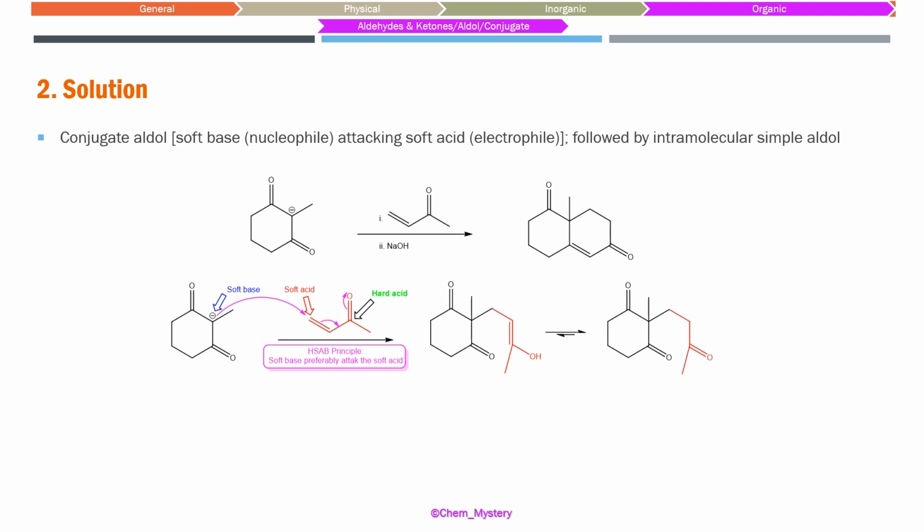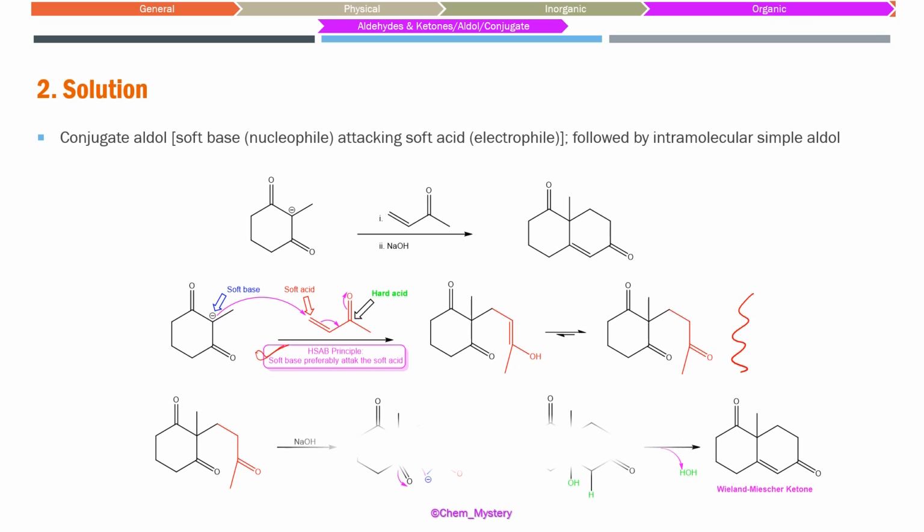We'll see that soft base preferably will be attacking the soft acids. Then this compound that is formed further attacks, and in the second step, which we call base catalyzed condensation, we once again get this compound, and then this is the intramolecular aldol reaction, and that step is elimination of water to give you the alpha beta unsaturated carbonyl compound.